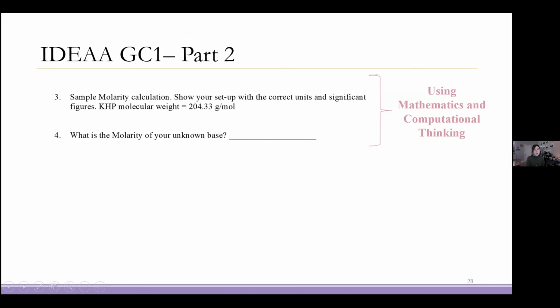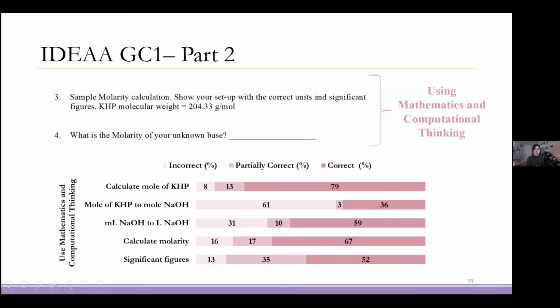As far as using mathematics and computational thinking, we saw really similar things to what we saw in part 1, where students basically have their dimensional setup. Their dimensional setup is okay, but it's the algebra that's holding them back. In this case, the mole ratio of KHP to sodium hydroxide was 1:1.